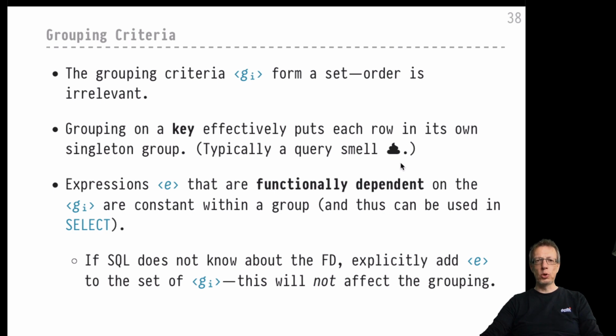No other row could join the group because no other row would agree on its key value. So if you see a grouping by keys, or if the grouping criteria contain keys, that typically is a query or code smell, I would call it. That sounds or smells fishy to me and should probably be investigated. There are really very, very seldom cases where this would make sense.